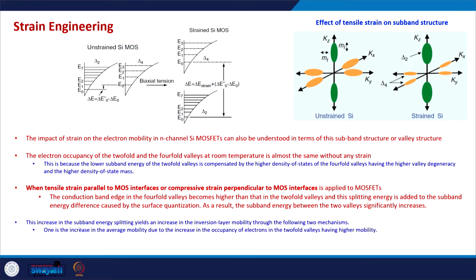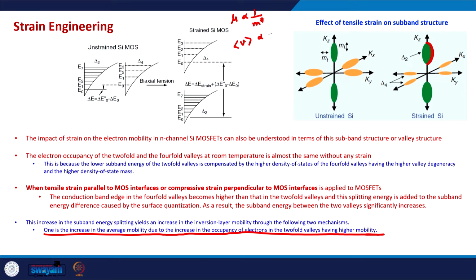So that leads to an increase in the mobility or injection velocity of electrons in the channel, and there are two reasons. One is that the increase in the average mobility is due to the increase in the occupancy of electrons in the 2-fold valleys with higher mobility. As we just saw, the effective mass of the electrons is reduced, and mobility is inversely proportional to the effective mass.